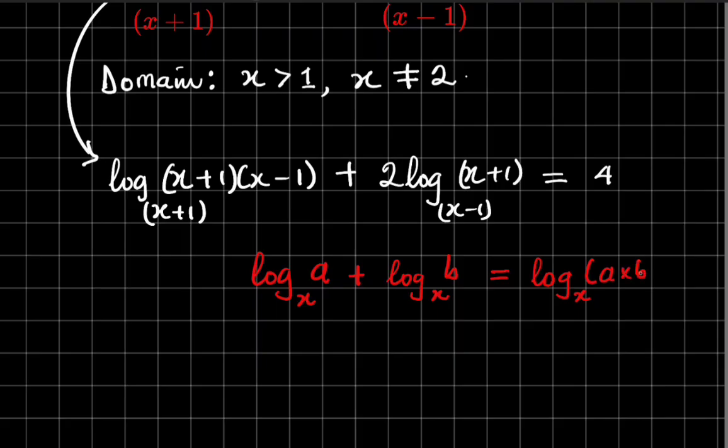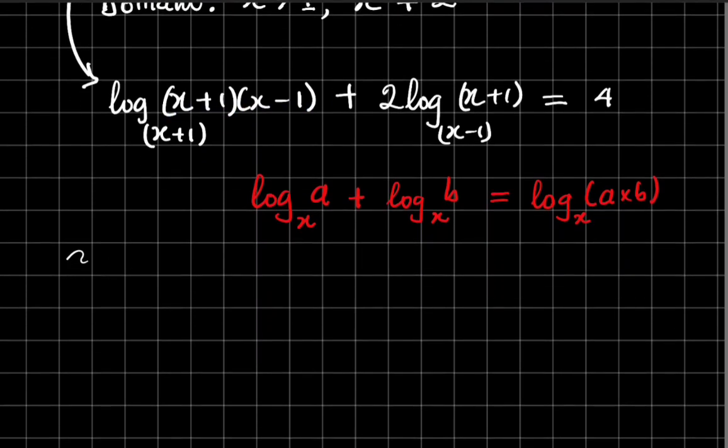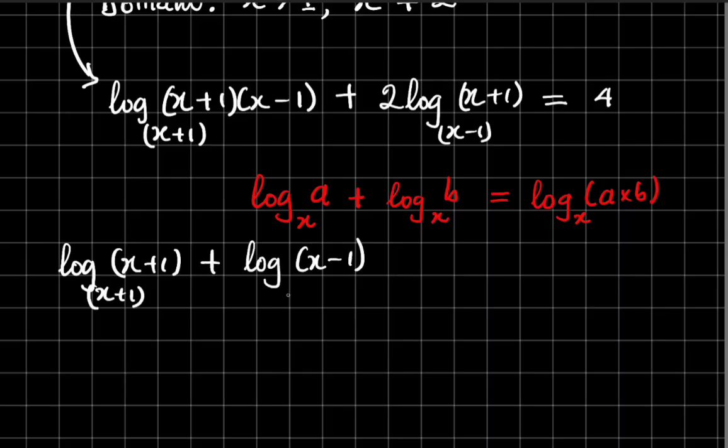That will be a times b, so a times b gives us ab. The same thing happens here, it means x plus 1 is multiplying x minus 1. So we can separate them by writing log, the same base x plus 1, then x plus 1, plus log x minus 1 base x plus 1.